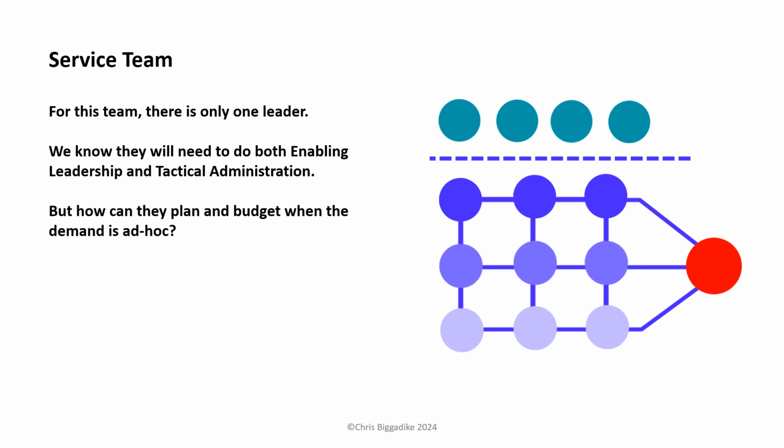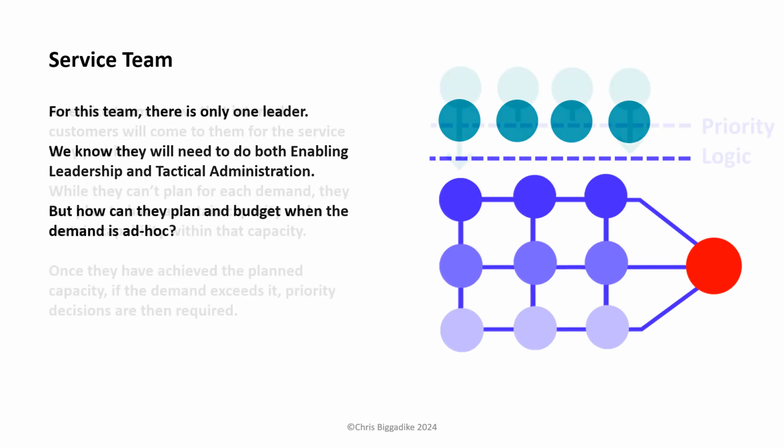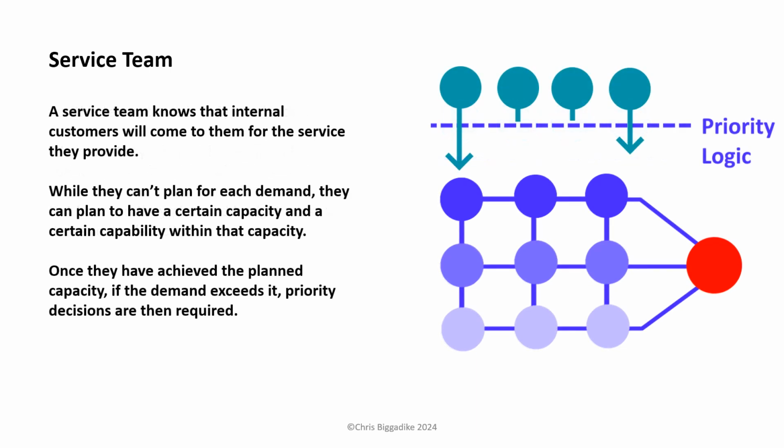They can enact their enabling leadership by helping the team resolve customer inquiries. But how can they plan and budget if the work is ad hoc? While they do not know how the work will arrive, they can plan to achieve a certain capacity and, within that capacity, a certain capability.